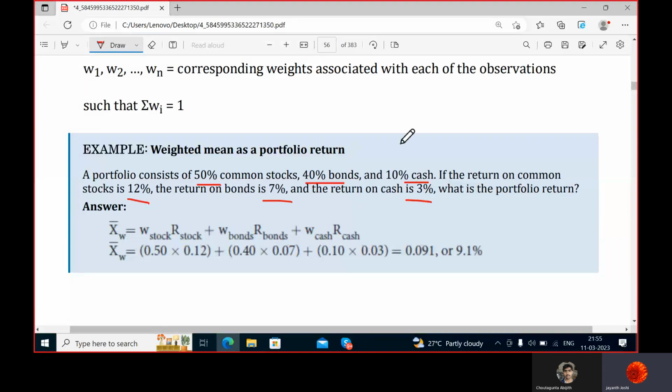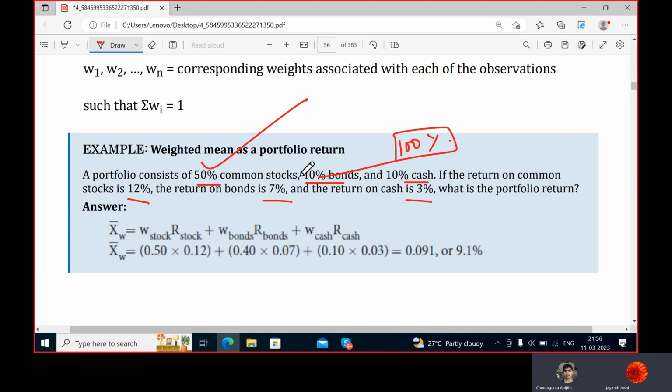When you have two things, the weightage can be taken as, let's say, 100%. So how much stock do I have in this 100%? 50, half. That 50 shows the weightage of the common stocks in the total portfolio, correct?